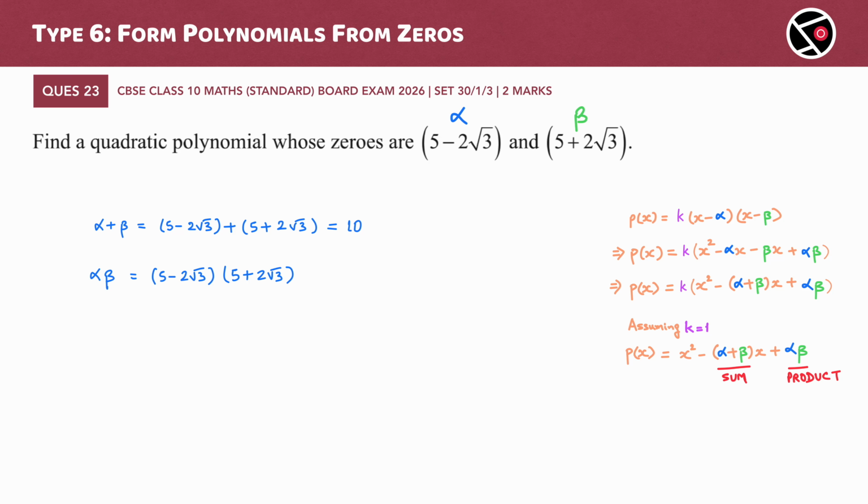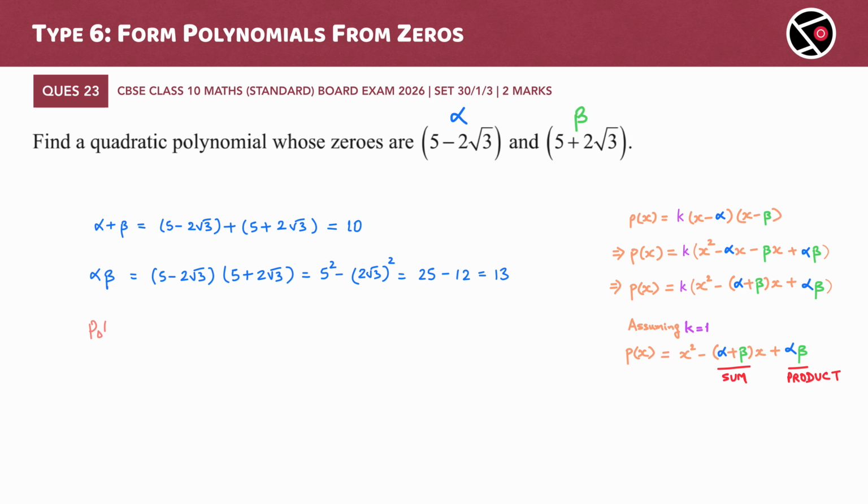Now (a plus b)(a minus b) equals a square minus b square. So we get 5 square minus (2 square root 3) whole square. 5 square is 25. (2 square root 3) whole square will be 4 times 3 or 12. 25 minus 12 is 13.